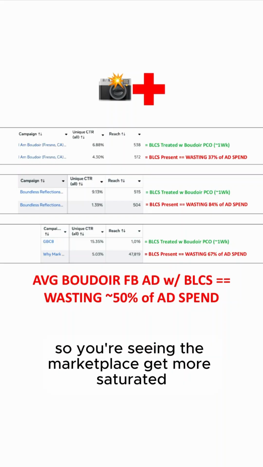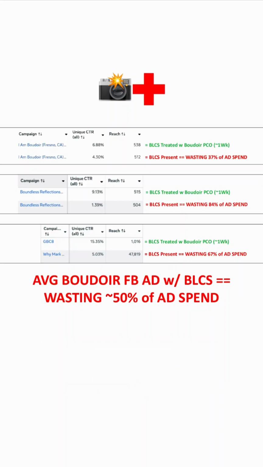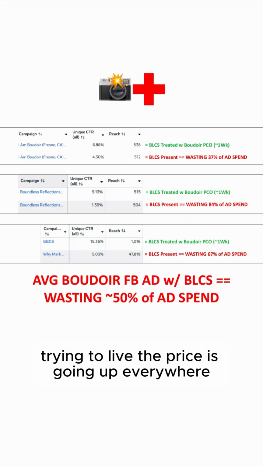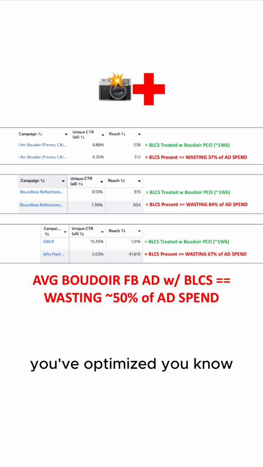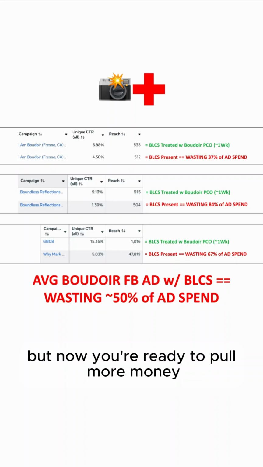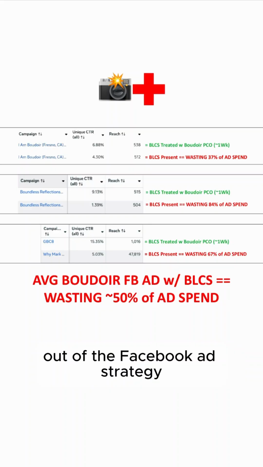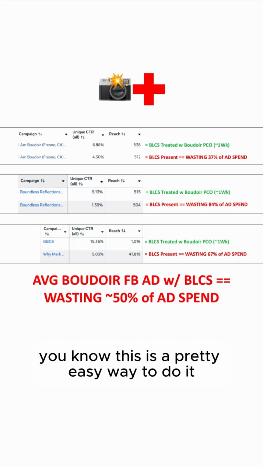So you're seeing the marketplace get more saturated, and you're seeing inflation keep hitting, prices going up everywhere, and so you decide you want to pull more profit out of the business. You've optimized other places in the business, but now you're ready to pull more money out of the Facebook ad strategy. And this is a pretty easy way to do it.